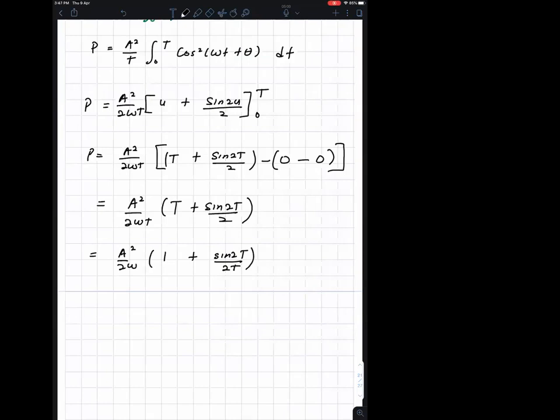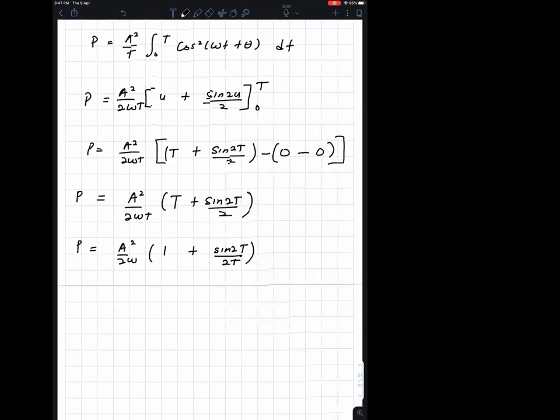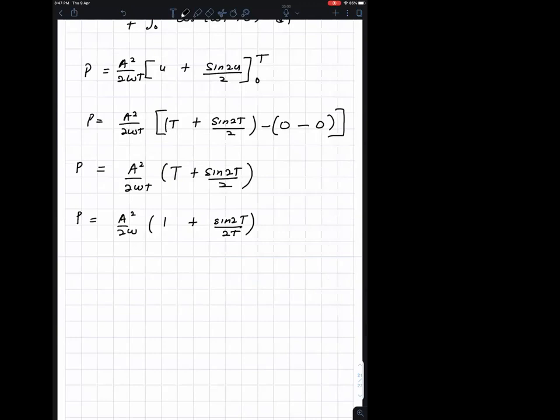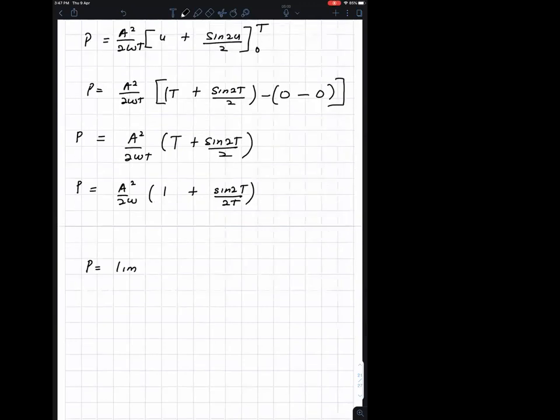Okay, now this is the power signal. The average power is the limit as T goes to infinity.